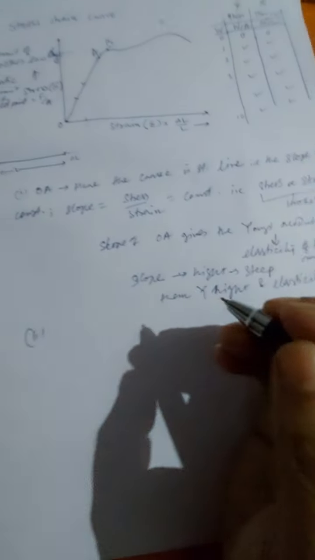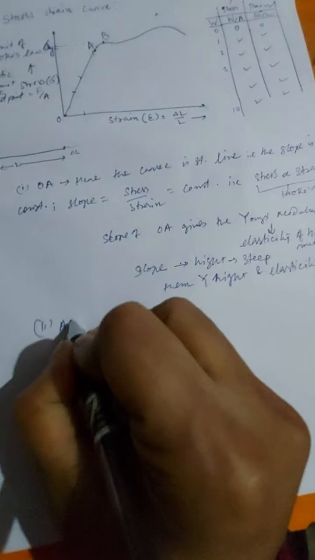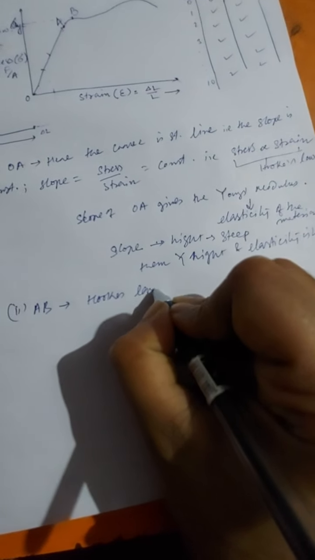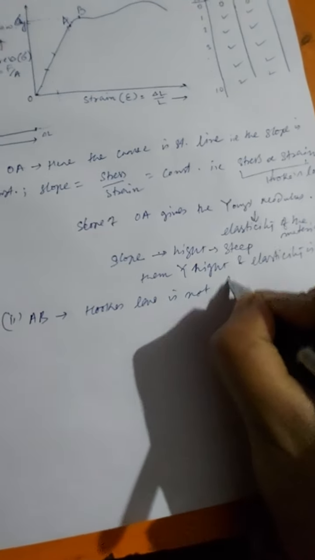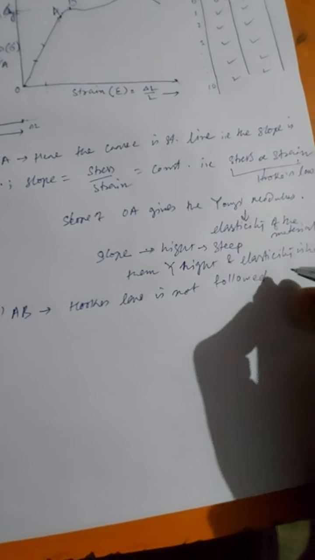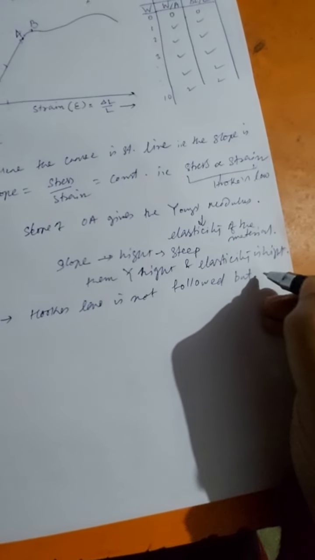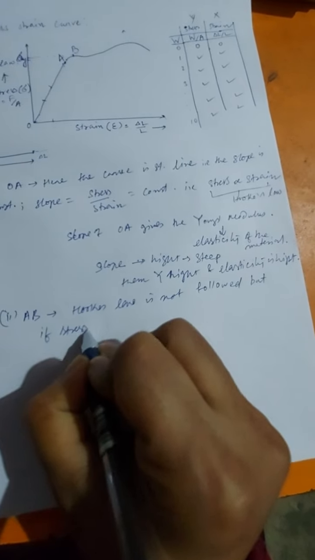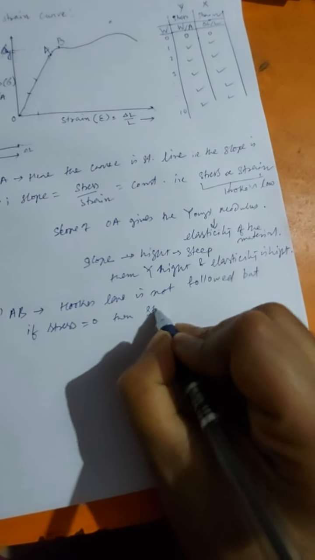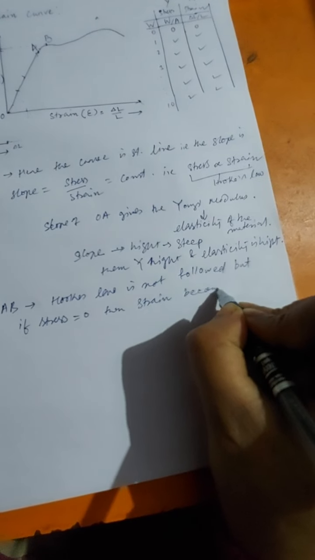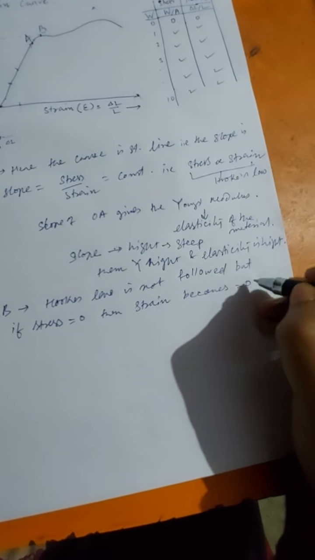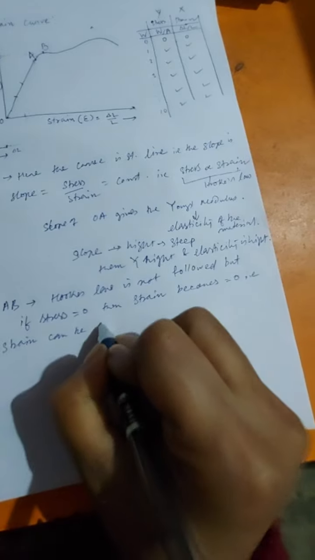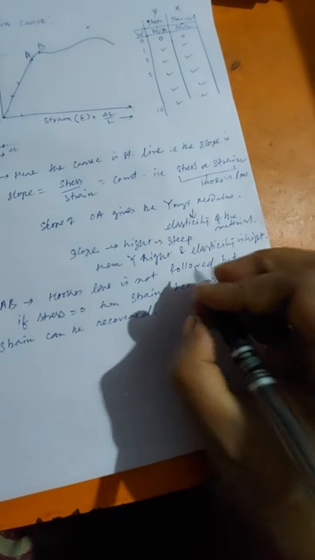So what we see from A to B, Hooke's law is not followed, but if stress is 0, then strain becomes 0, that is, strain can be recovered.